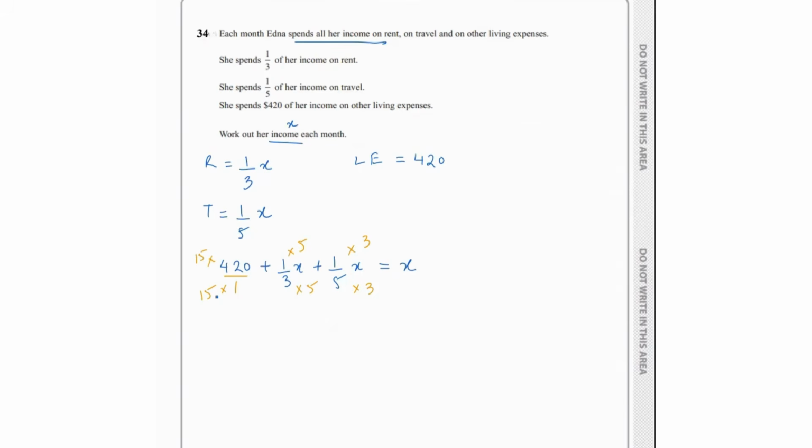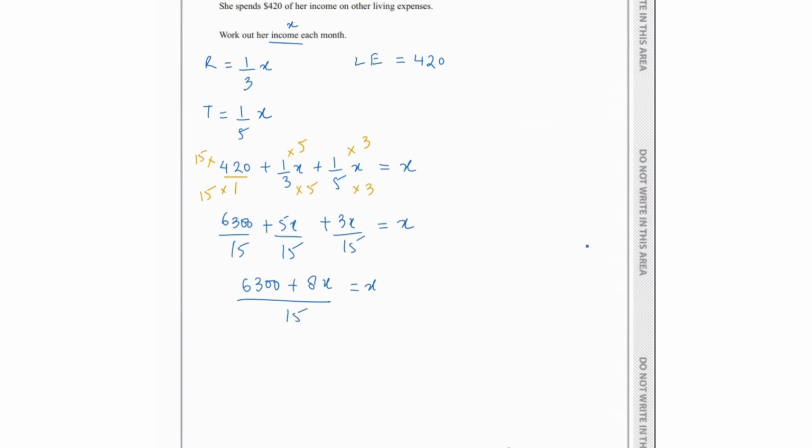So 15 times 420 will be 6,300. That's 5x over 15. That's 3x over 15. That's 6,300 plus 8x over 15 is x.